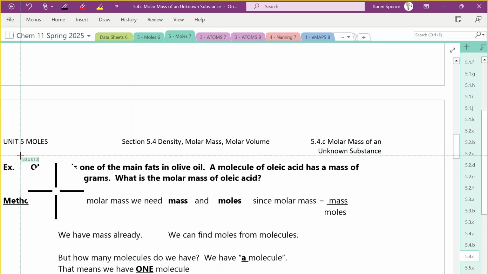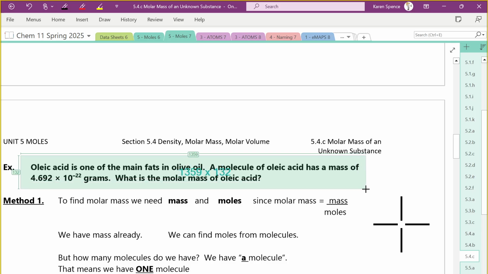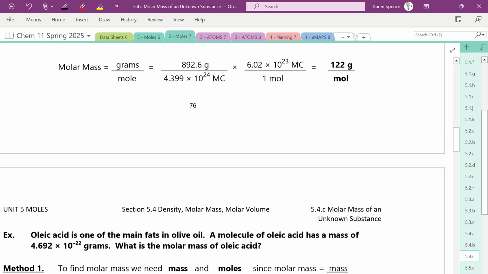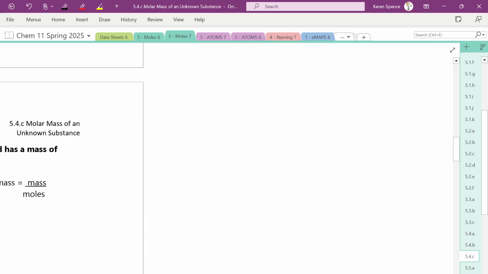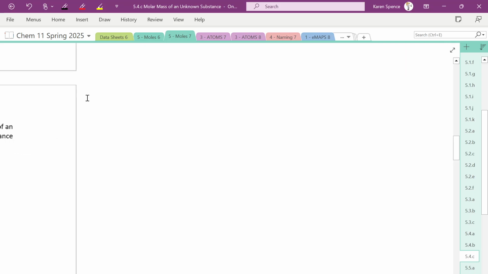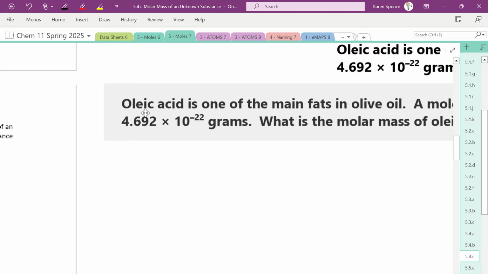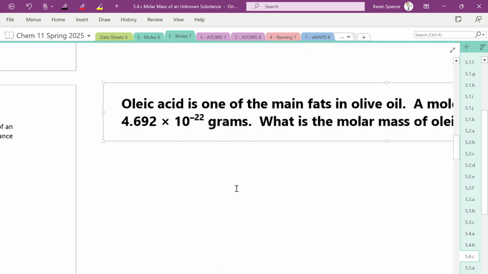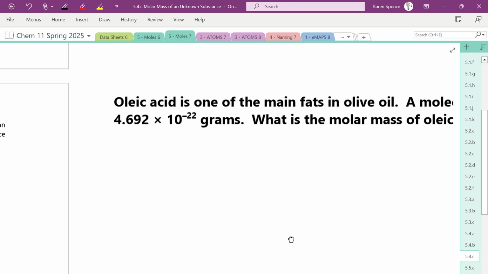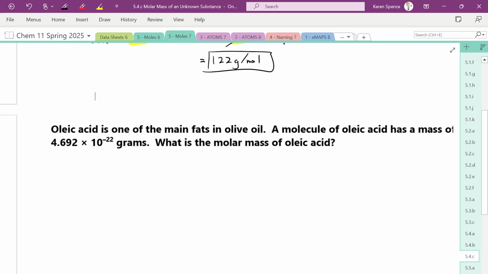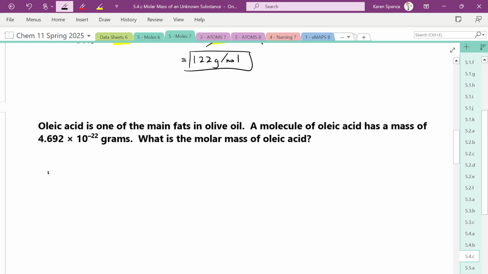So this is on page 77. Oleic acid is one of the main fats in olive oil.